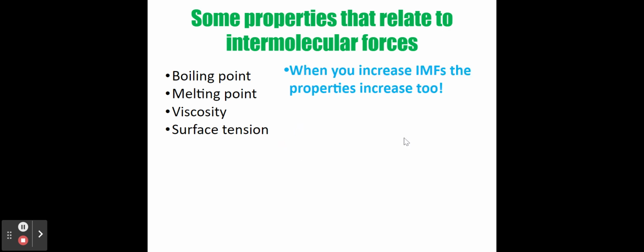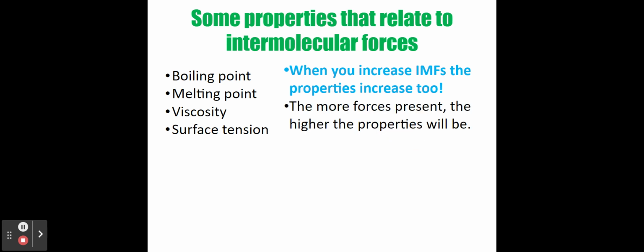So how do the intermolecular forces relate to these properties? Well, the stronger the IMFs, the more intermolecular forces you have, these properties are going to increase too. So the more forces that are present in your substance, the higher these properties will be.